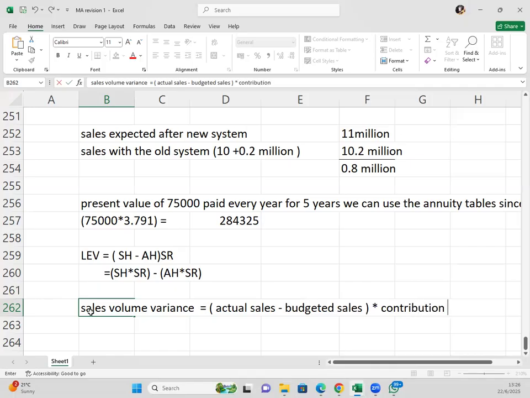Because this is dealing with contribution. So the sales volume variance would say the actual sales. We are given the actual sales and the budgeted sales, and also where we are given the contribution. Let's go and check.